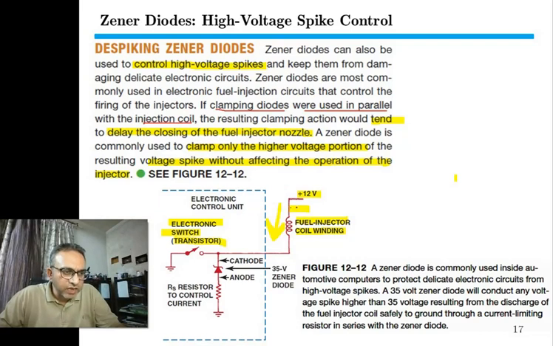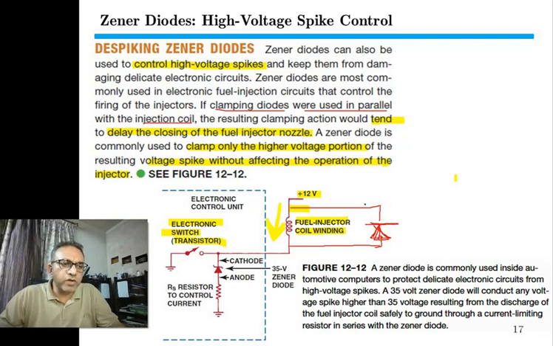That is, we would connect the clamping diode like this. This is the diode in parallel.